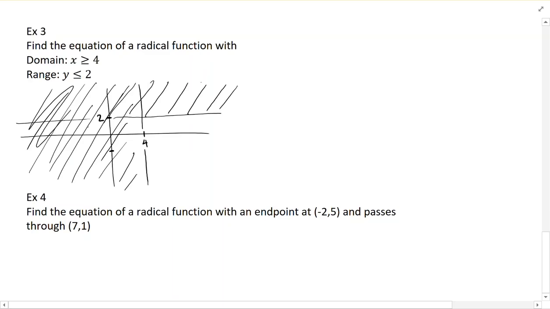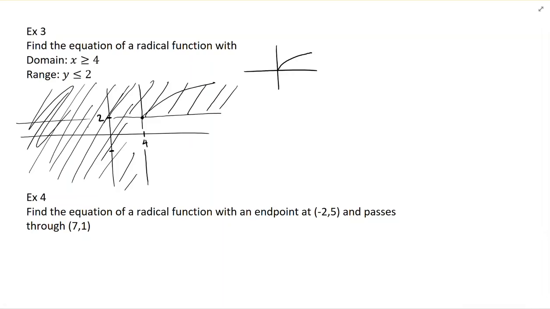And it's saying my radical function must fit down here. So remember, a radical function typically would go up like so. Now, if I'm starting from this origin point, if I'm going up, well, that's going to cut into the space that I'm not supposed to be according to the domain and range.